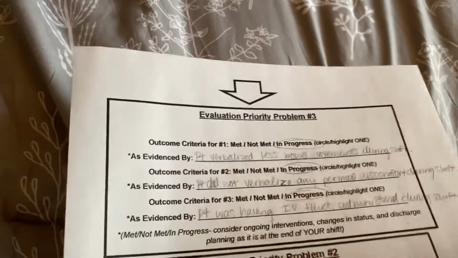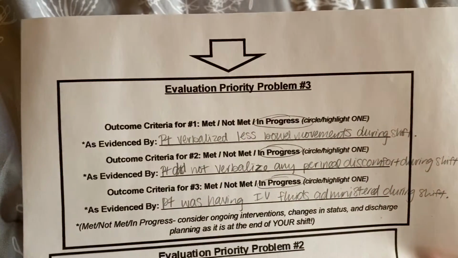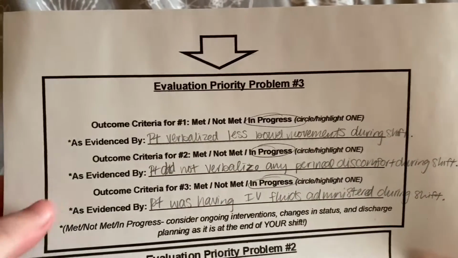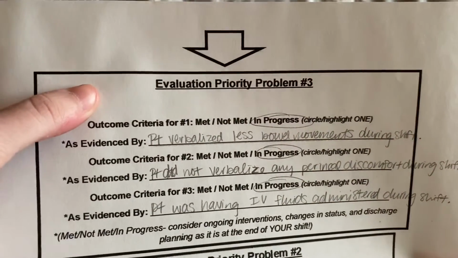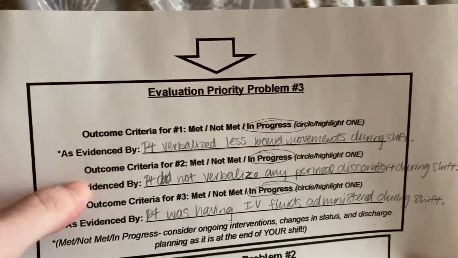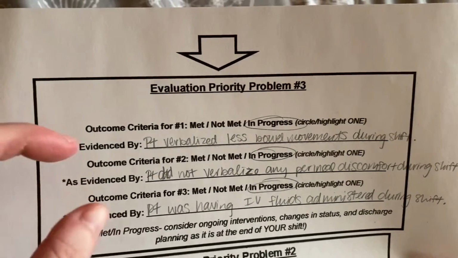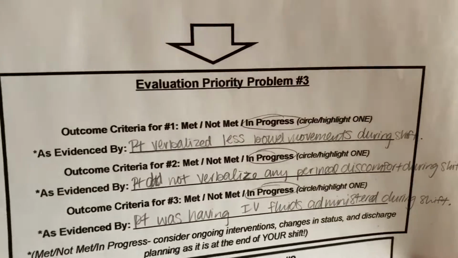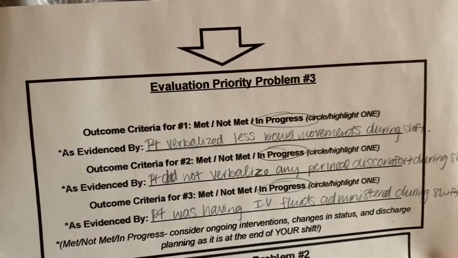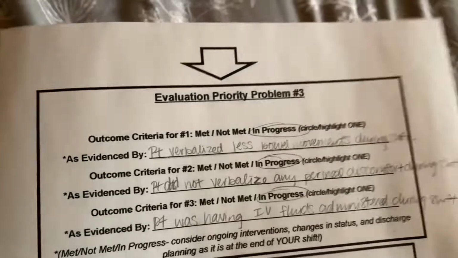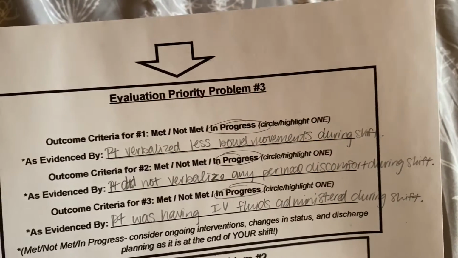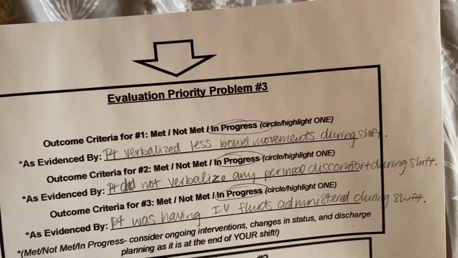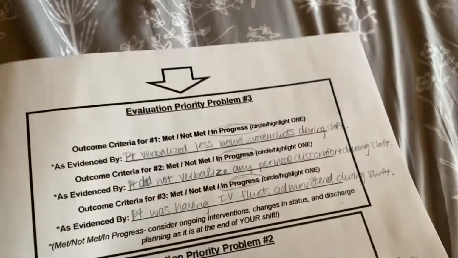And then at the end of it, you will write down for each problem and for each outcome if it was met or not met. And yeah, I'm covering up my second one because it also has a little information that I don't know if needs to be shared, but this is just a look at how I did it.